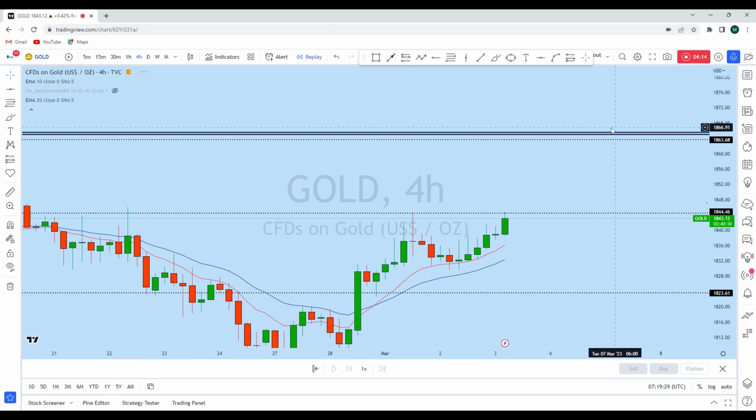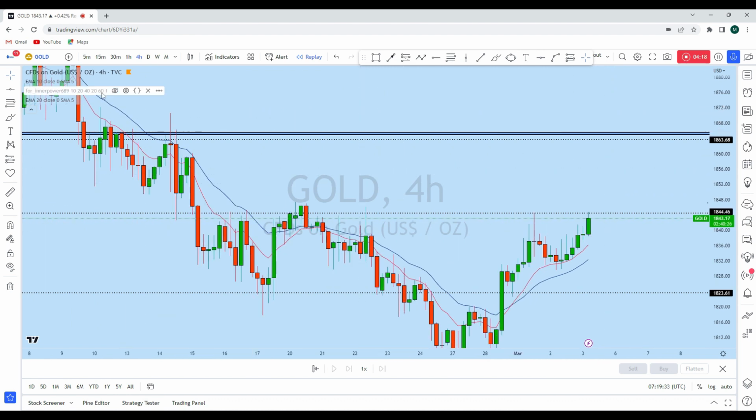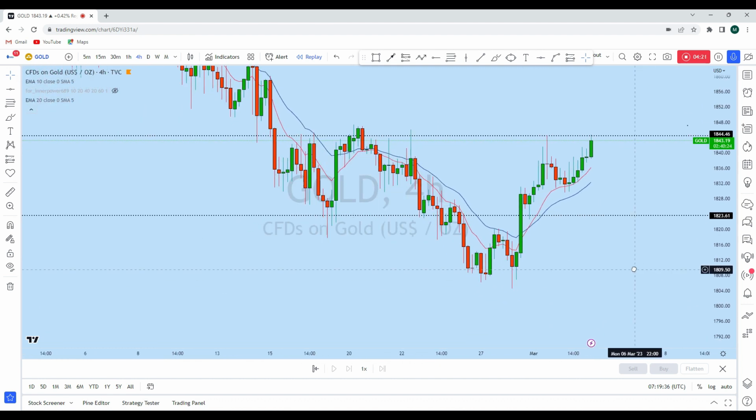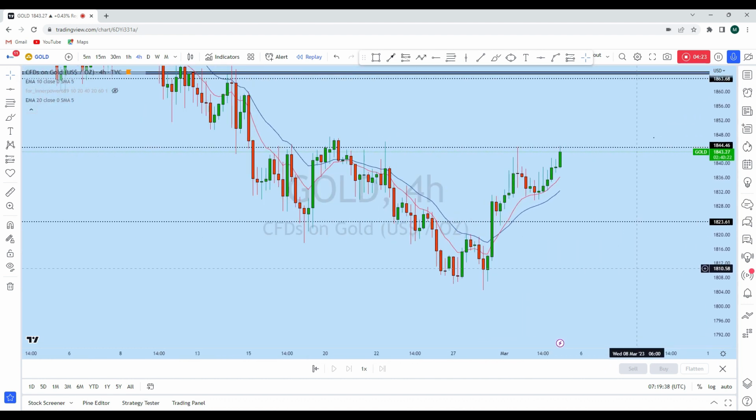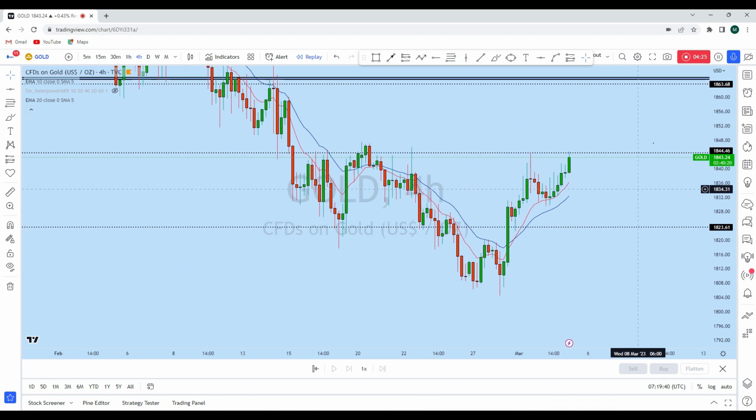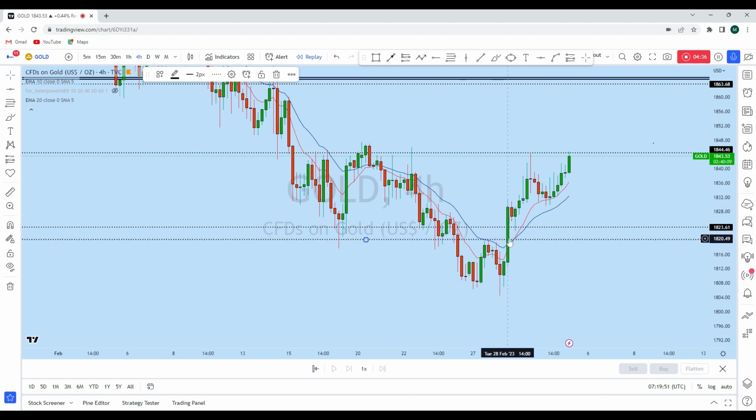If we look at the further lower time frame to see how we can find a trading opportunity, you can see that on this 4 hour time frame gold has also formed a typical bullish market structure on the local time frame. We saw that there was a double bottom here at the end of the month, and the price has broken out of this double bottom. This is the resistance neckline of the double bottom.